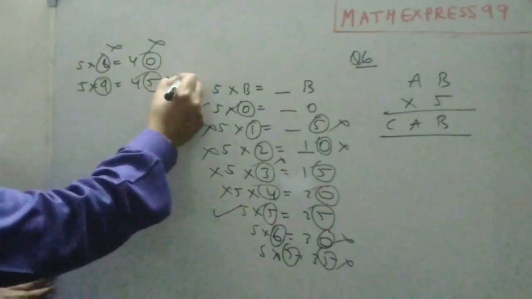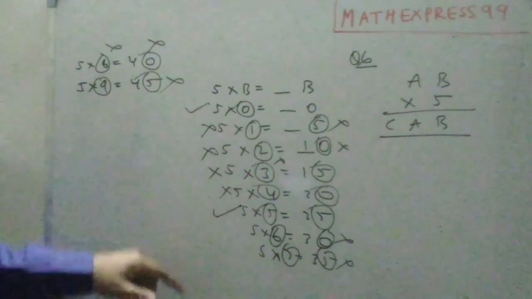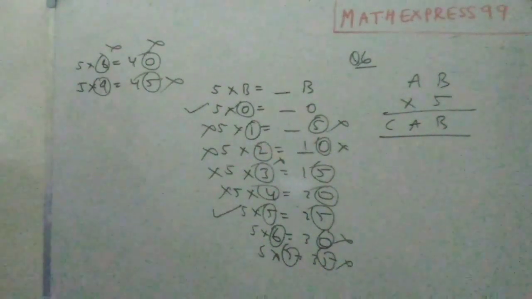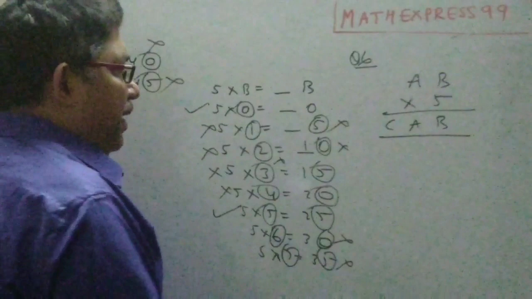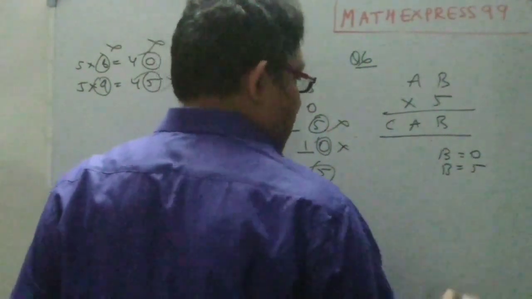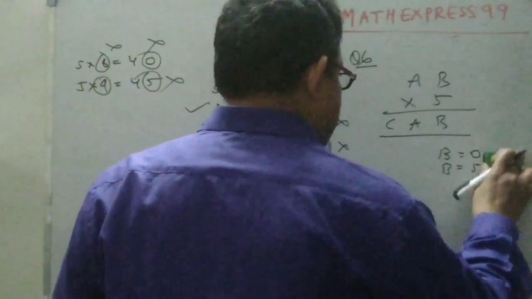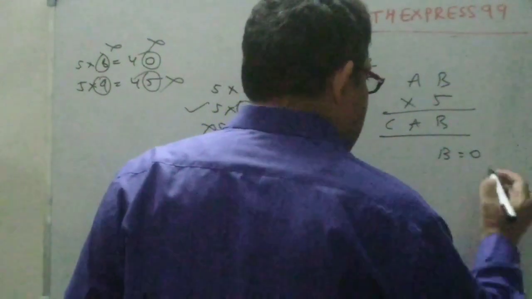So only two numbers work. One is 0 and the other is 5. So B can be either 0 or 5. This is what I can say about B.